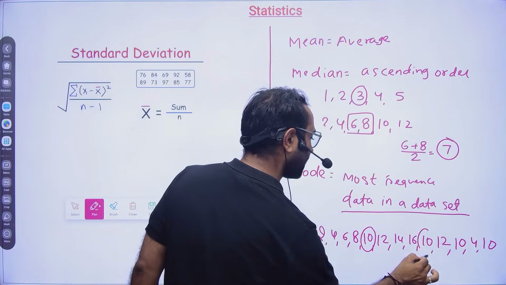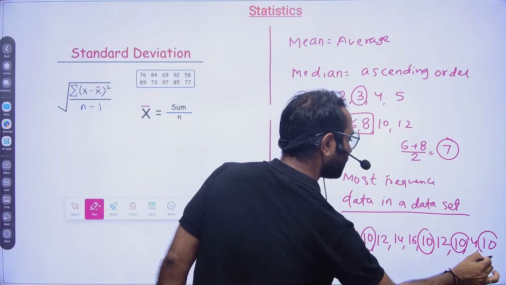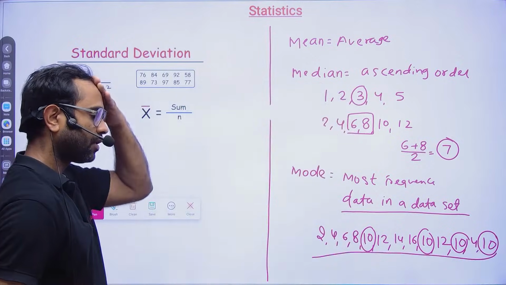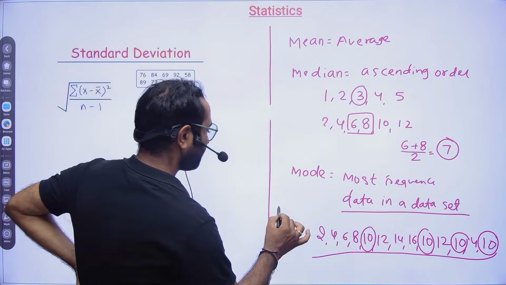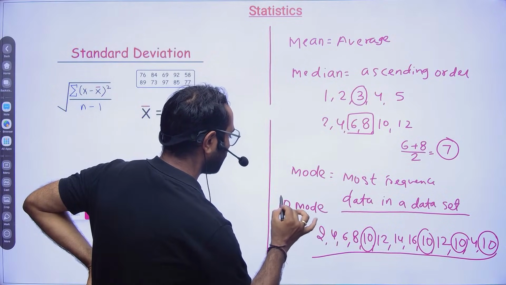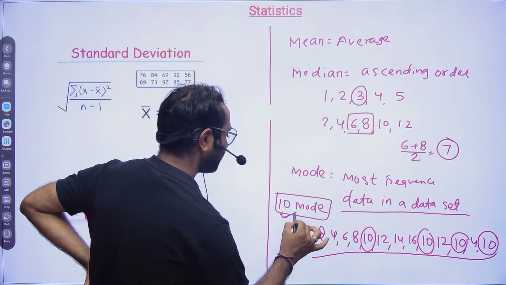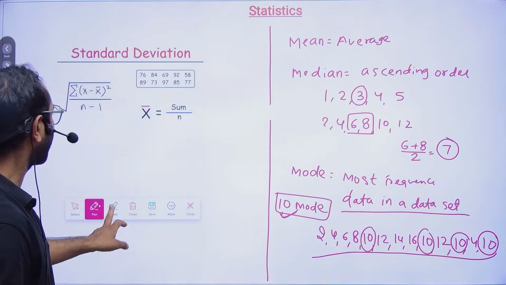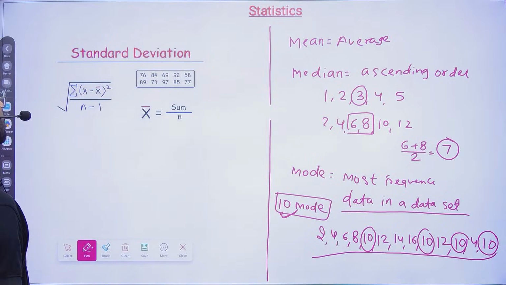That is nothing but 10. So 10 will become your mode. Clear? 10 will become your mode. That's all.